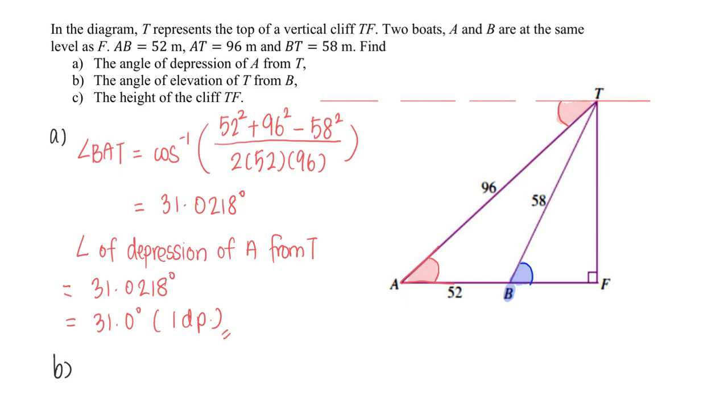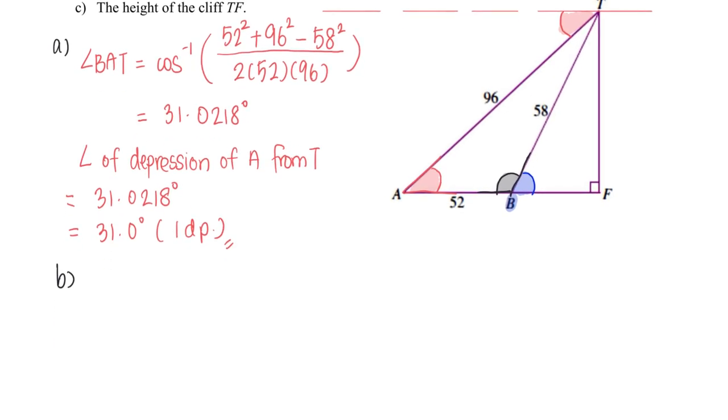And I could tap on my knowledge of the cosine rule again. How? Because I will be able to find angle ABT using my cosine rule. So from here, my angle ABT is equal to the cosine inverse of, this time round it's not 52 and 96.